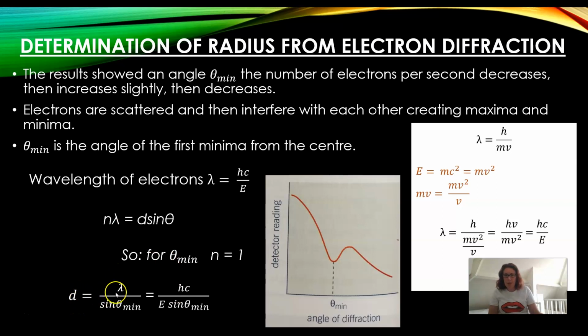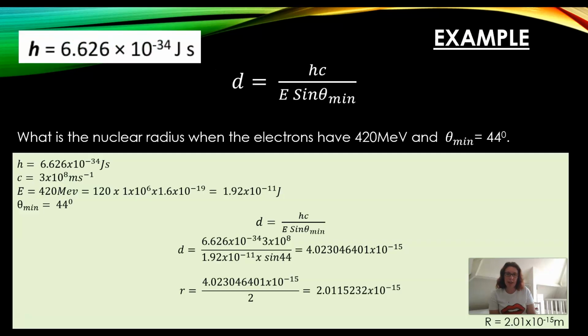I've missed a stage here and just rearranged it, but your lambda would be hc over E equals d sine theta, and then I've rearranged for d. That will give you the spacing of the minima, so it's basically the diameter of a nucleus. That d is the diameter of the nucleus, because that's what's causing the diffraction. Each spacing between the minima is one whole atom, if you like.